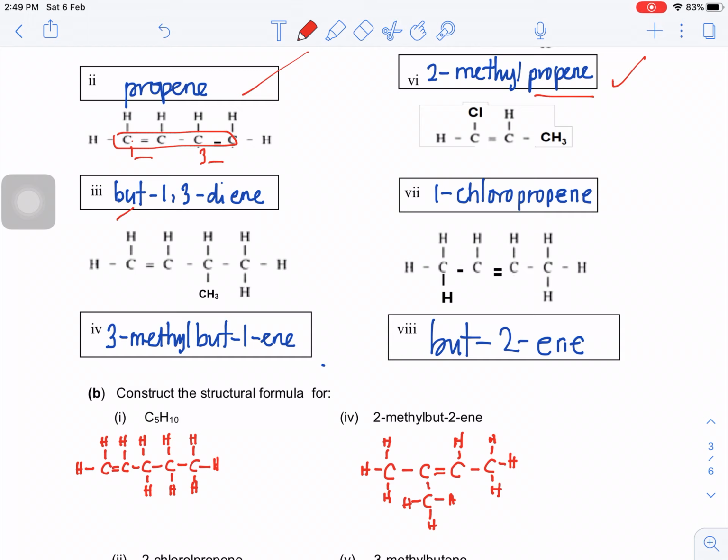And the last name, because of the carbon-carbon double bond, is ene. But now we have 2 double bonds, so diene. And the number is used to show where the double bond is located. So it is but 1,3-diene. Okay, next.